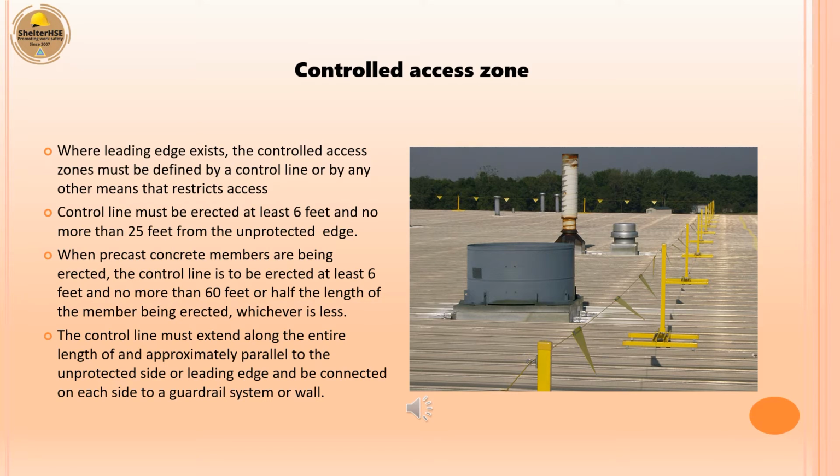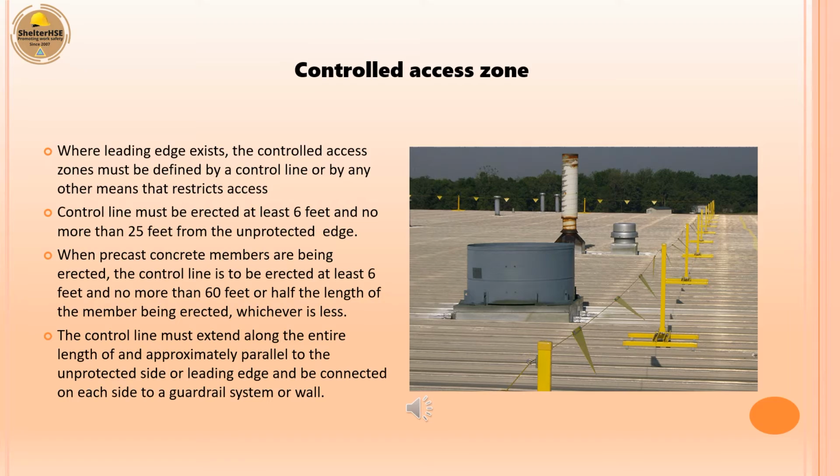When precast concrete members are being erected, the control line is to be erected at least 6 feet and no more than 60 feet or half the length of the member being erected, whichever is less. The control line must extend along the entire length of and approximately parallel to the unprotected side or leading edge and be connected on each side to a guardrail system or wall.